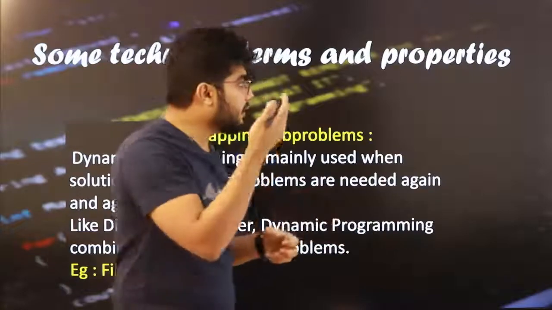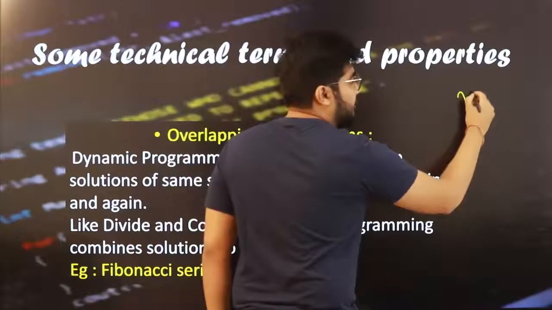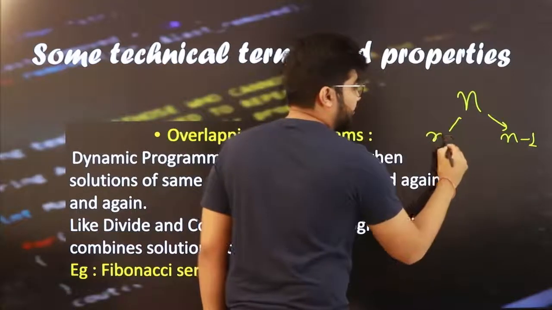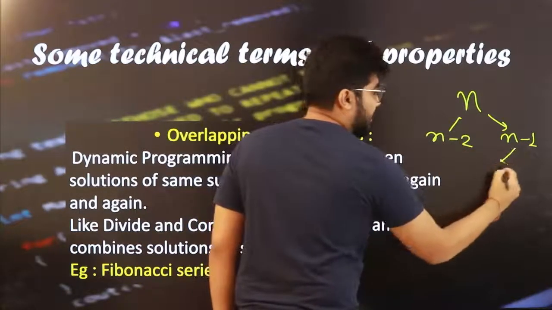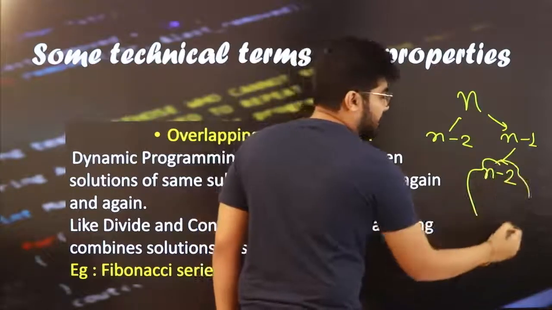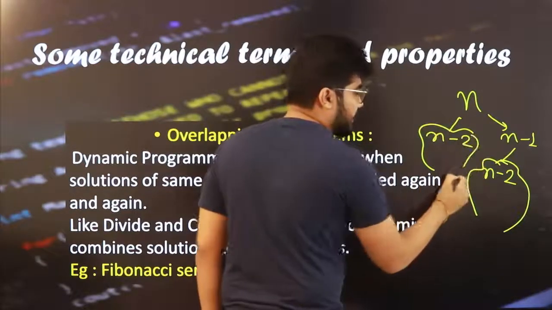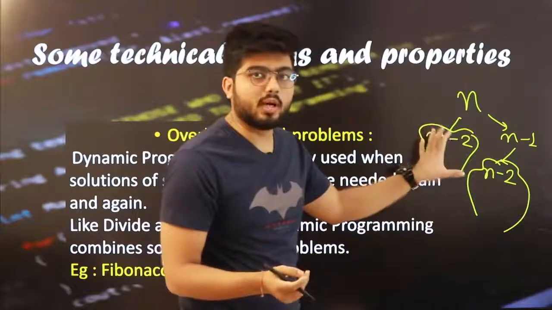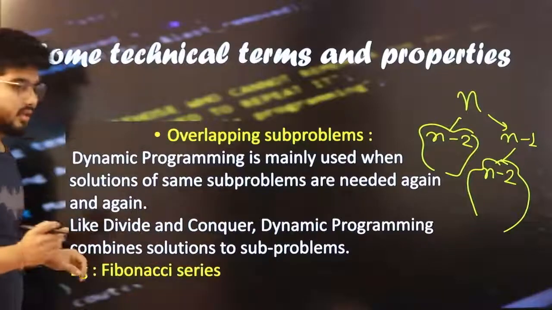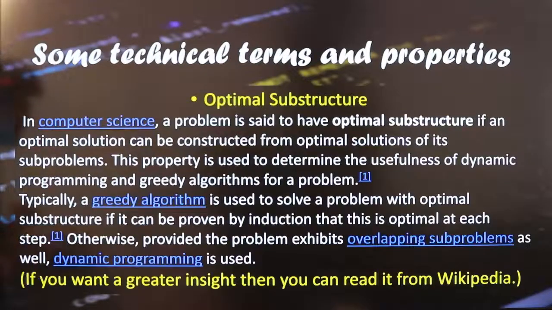What we just did in Fibonacci: in the Fibonacci series you are finding n-1, n-2, and here in n-1 again you were calculating n-2. So this subtree and this subtree, they are the same. So basically we have overlapping subproblems here. That's what it means.